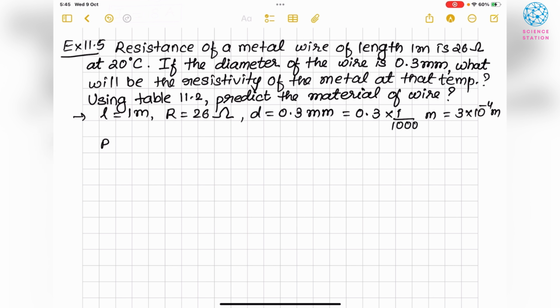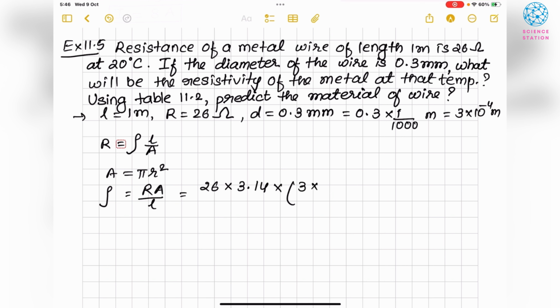Now the formula of resistance R equal to resistivity times L upon A. So here A equal to pi r square. So resistivity equal to RA upon L. So in place of R I am writing 26. Then pi I am taking as 3.14 into r is 3 into 10 raised to minus 4 upon 2 whole square.